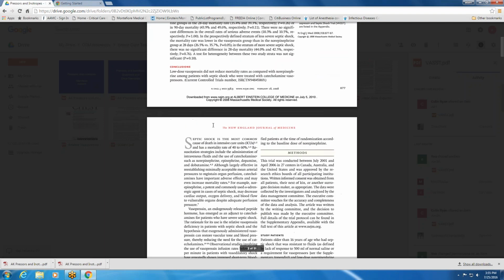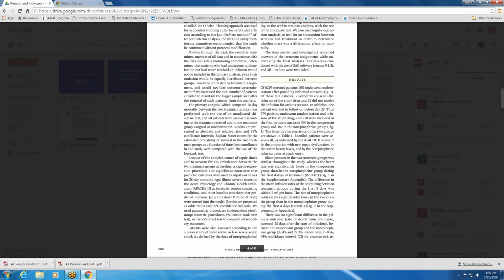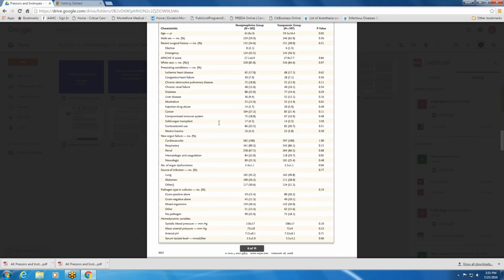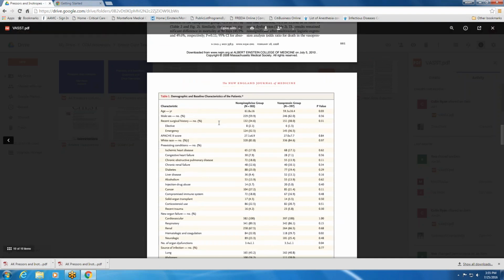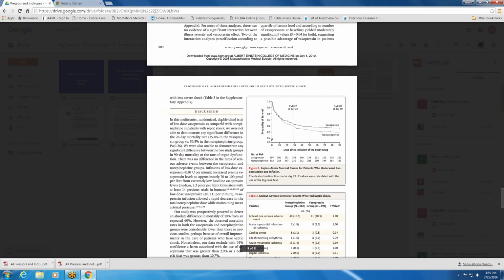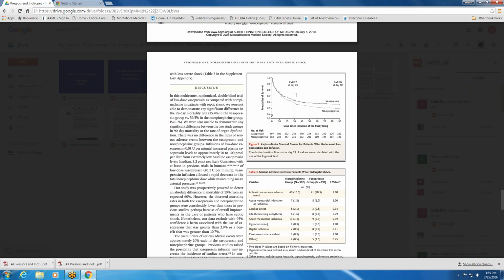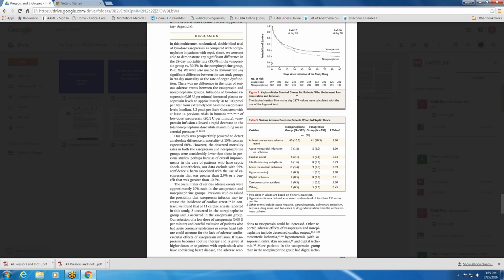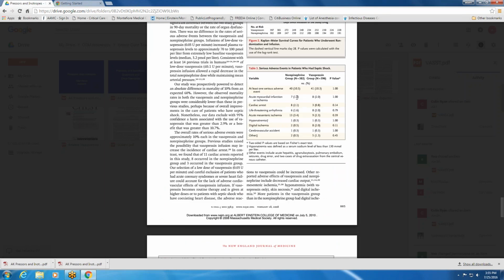It was another pretty well done study, close to 400 patients in each group, and they didn't show any mortality difference at their defined 28-day endpoint for the patients who got vasopressin and norepinephrine as opposed to norepinephrine alone. There was a reduction in norepinephrine use in the vasopressin group, which we've all seen.